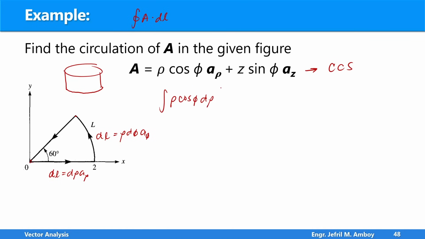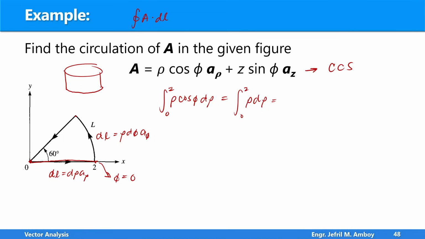Here, the variable is rho and phi should have a constant value. Along this path, the value of phi, of course, is 0 because it's along the x-axis. Let us indicate the limit. The limit for rho is from 0 to 2. So, cosine of 0 is 1 and this becomes the integral of rho d rho from 0 to 2.